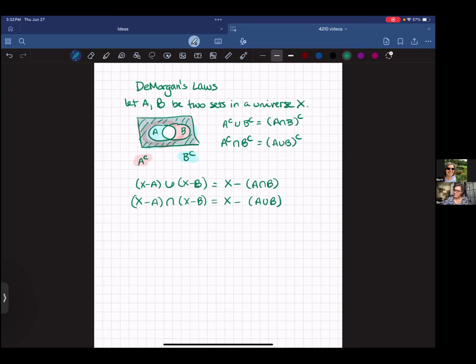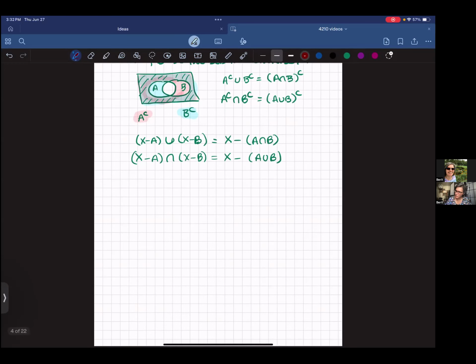And I can generalize this to when I have any number of sets, it's the same sort of thing. If I have a union of A sub alpha and I want to take the complement of that, that is the intersection of A sub alpha complement. And if I have the intersection of A sub alpha complement, that's the union of A sub alpha complement.